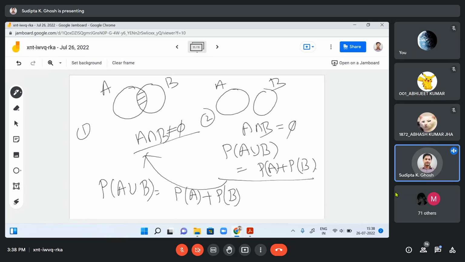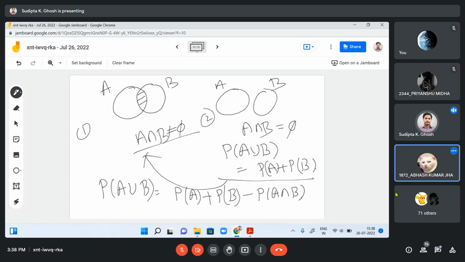So I have to subtract it once. Because if you are doing probability of A plus probability of B, you are adding the portion two times, but theoretically you have to add the portion one time. Therefore, probability of A plus probability of B minus probability of A intersection B. That is the geometrical interpretation.